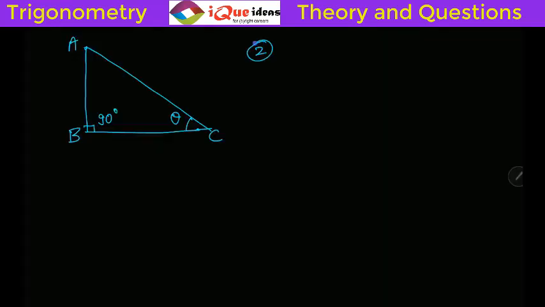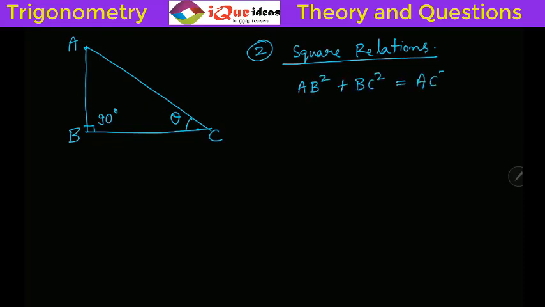Now the next set of formula is also called square relations, or square formula. For that, I'll just write the Pythagoras theorem for this triangle. The Pythagoras theorem for this triangle will be AB square plus BC square is equal to AC square.